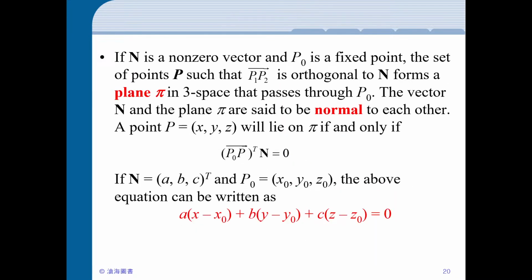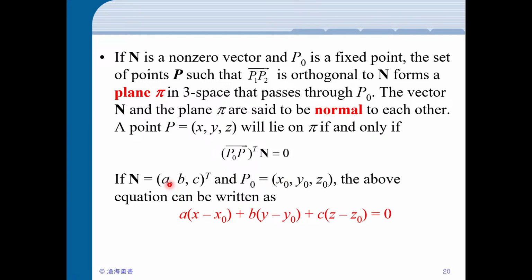Now let's try to solve the equation. If n equals (A, B, C) and p0 equals (x0, y0, z0), then the p0 to p1 vector will be p minus p0, so it will be x minus x0, y minus y0, and z minus z0.